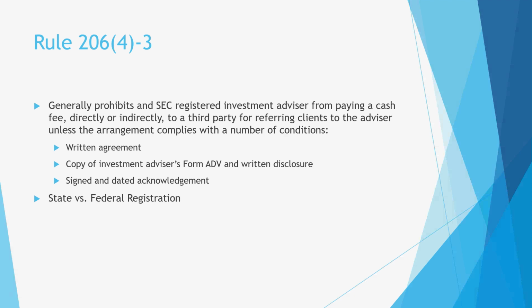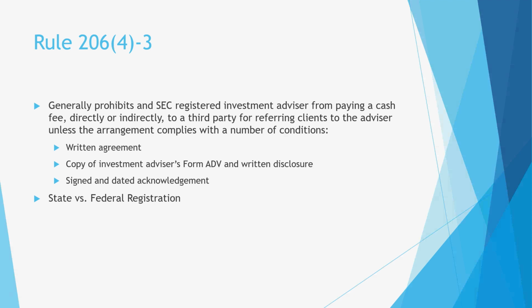Among other things, the rule requires that there is a written agreement between the advisor and the solicitor, a copy of which the advisor has to retain as part of the books and records requirement, and that agreement has to detail the referral arrangement.